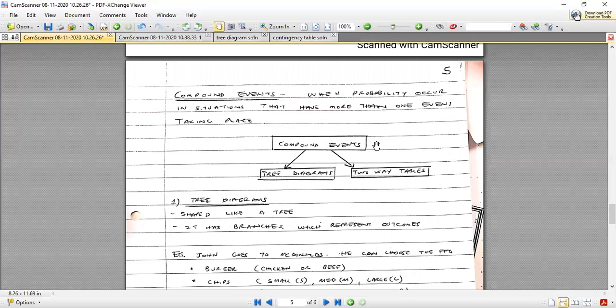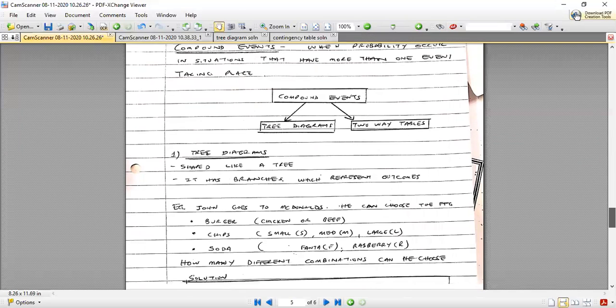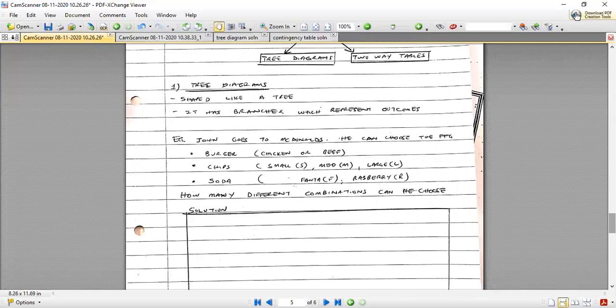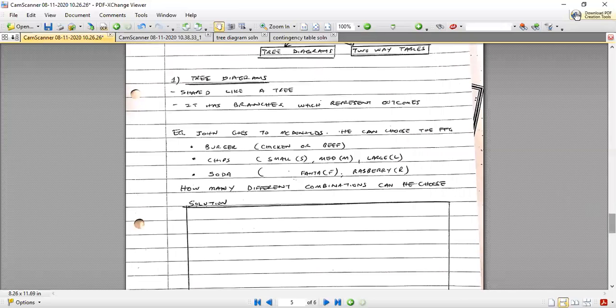And we can solve these or represent these compound events either by a tree diagram or by two-way tables. Now, what is a tree diagram? Simply put, it is shaped like a tree and it has branches which represent outcomes.